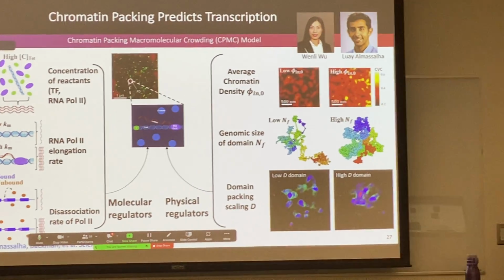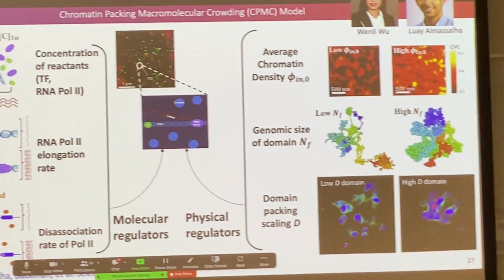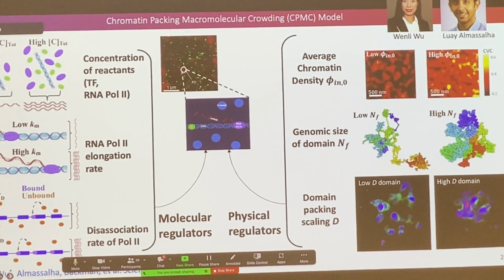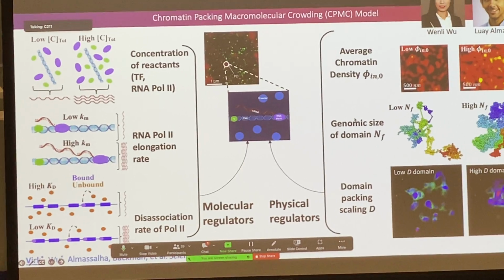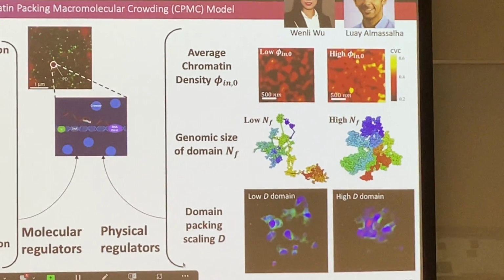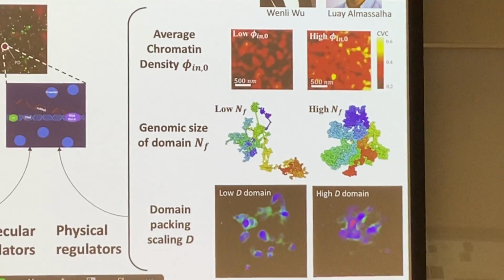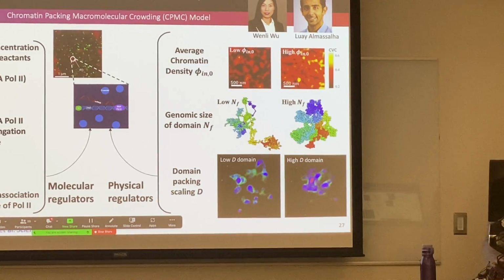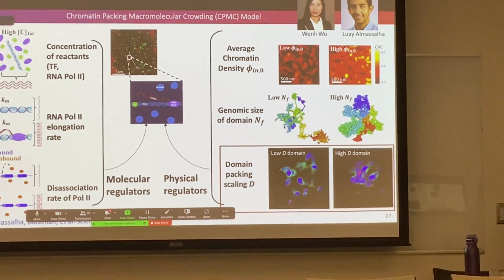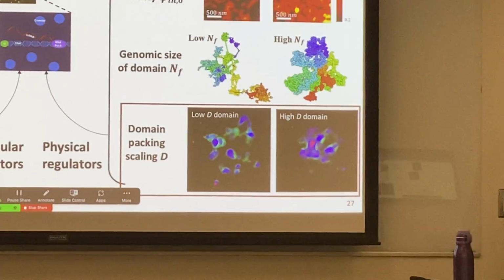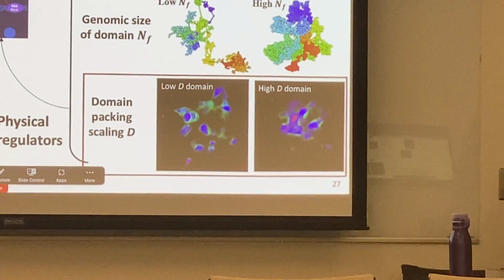These three physical regulators of transcription are the average chromatin density within the domain, the genomic size of the domain, and the domain packing scaling. And we've seen that all of these physical regulators contribute to transcriptional responsiveness of genes to external stimulation, and we have specifically focused on the contribution of the domain packing scaling to phenotypic plasticity.